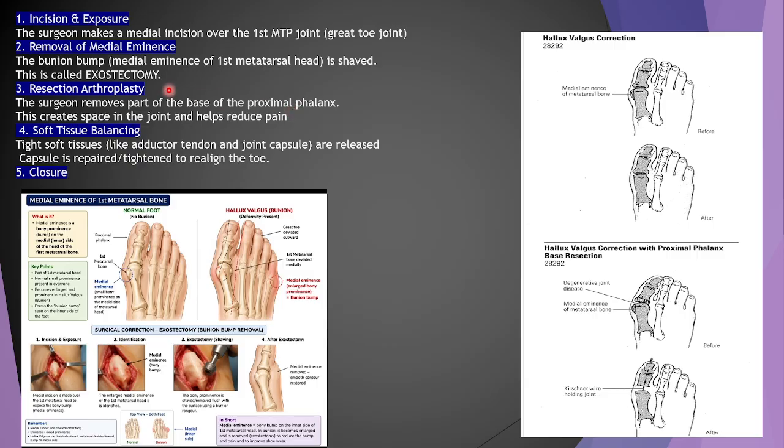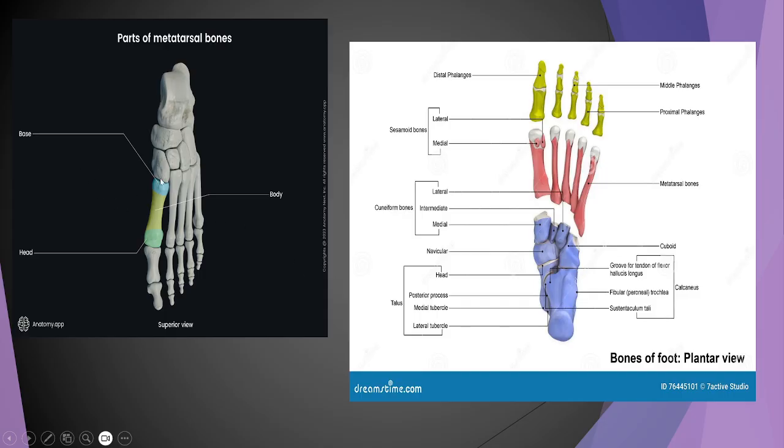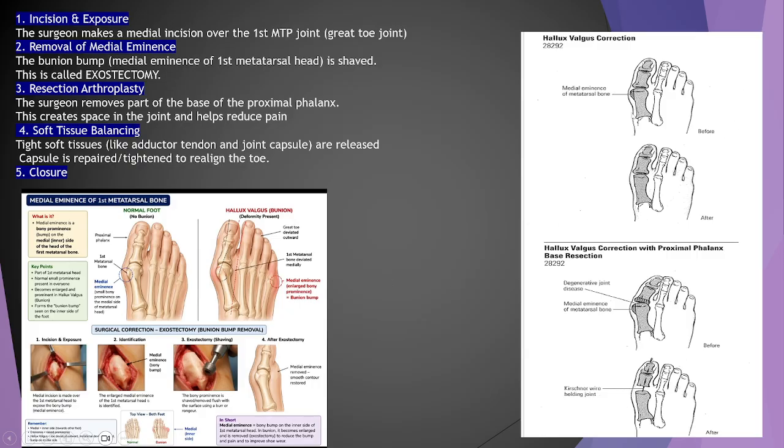So the main part is that the bunion bump is removed, the bunion bump is shaved, and after that the base of the proximal phalanx is removed. Here is the phalanx, this one is the proximal phalanx, and here is the base. So this is hallux valgus correction with proximal phalanx base resection.